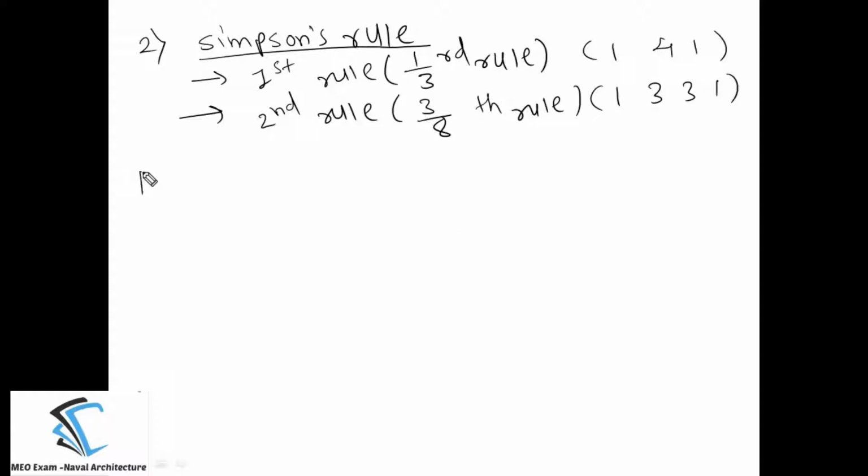Again, write the note, a very important note for using Simpson's multiplier.